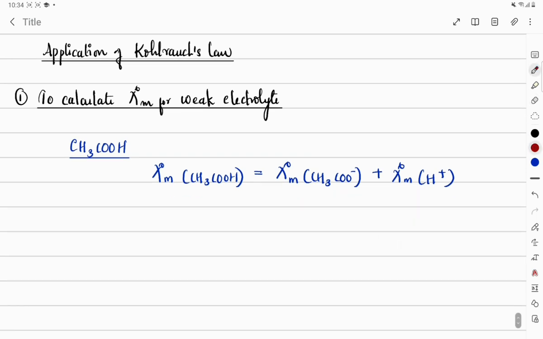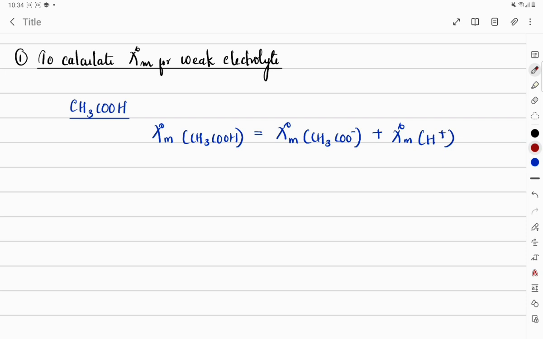For this, I need to consider other electrolytes. Suppose I know the lambda 0 m values for some strong electrolytes whose combination of ions can give me this ion combination. I'll explain with an example. The first question to you is: is CH3COONa a strong electrolyte or a weak electrolyte?